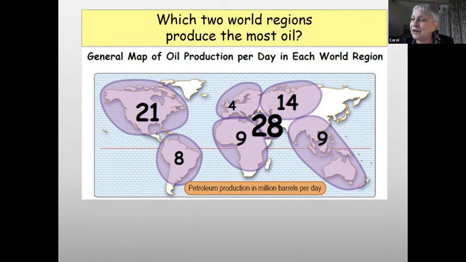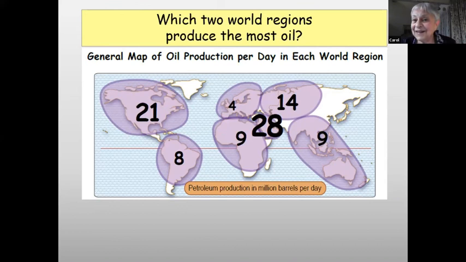How does North America, where we live, luck out with having oil and producing oil? You might notice, okay, Middle East is first with 28, North America is second with 21 million barrels per day produced.